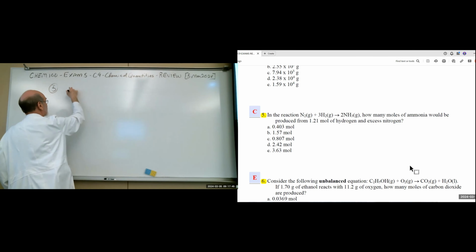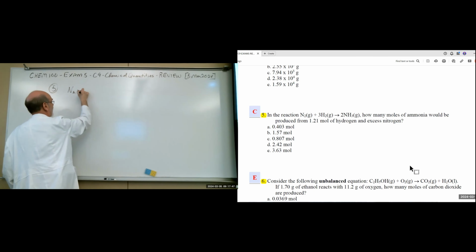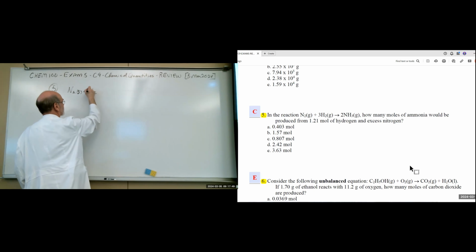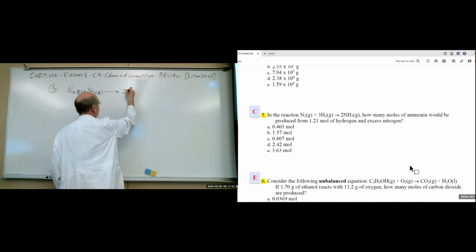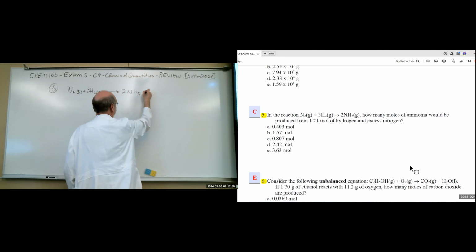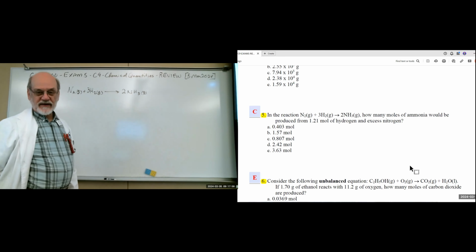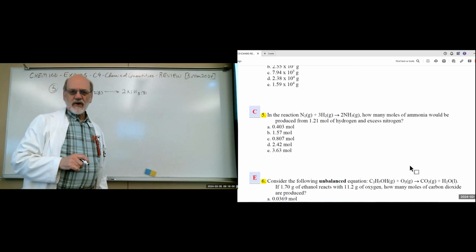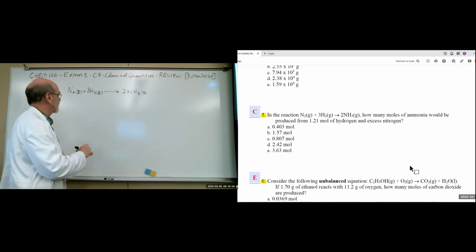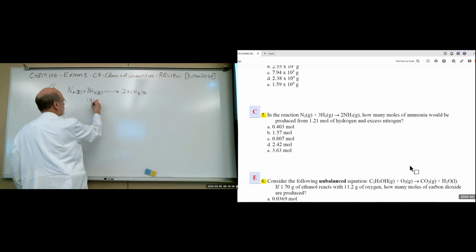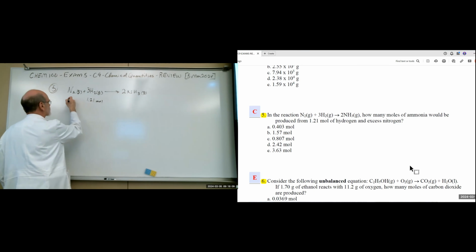Right? This is the Haber process. How many moles of ammonia would be produced if 1.21 moles of hydrogen and excess nitrogen are used?